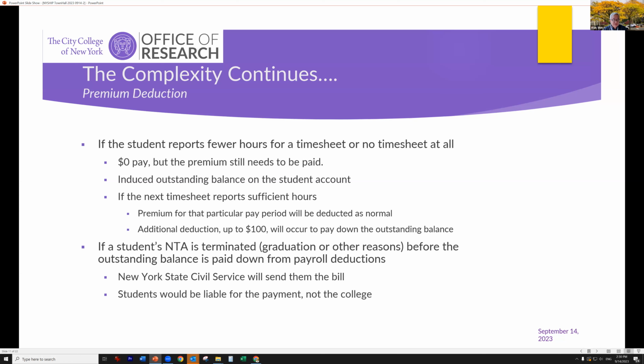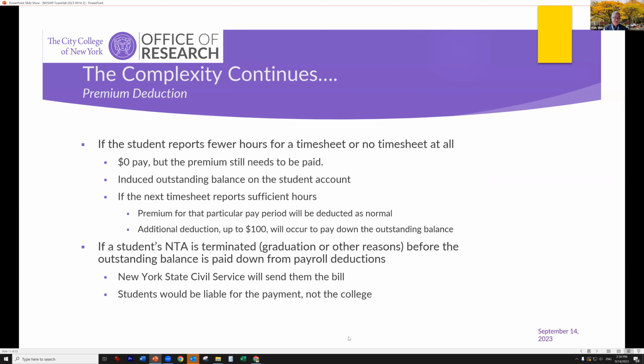You don't submit it through the Office of Research in this particular case. The termination could be because the student graduates in December, even though the appointment runs all the way to January. That's fine, but you need to terminate that. And the termination paperwork should be submitted before the termination date.